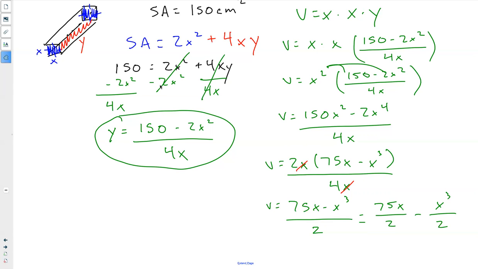Okay, so V prime. So 75 over 2 x derived just leaves me with 75 over 2. And negative x cubed over 2 derived will give me negative 3 over 2 x squared.